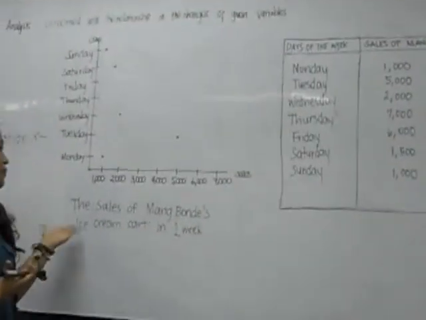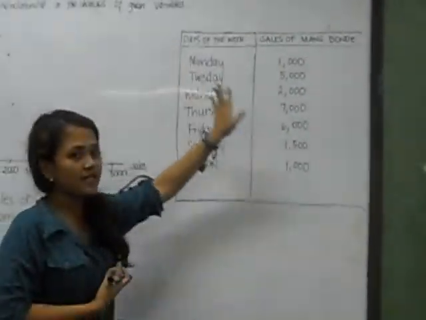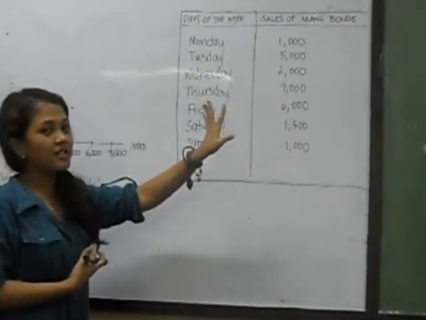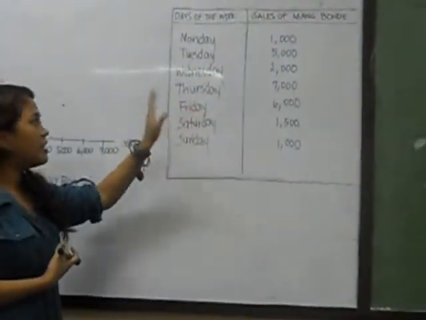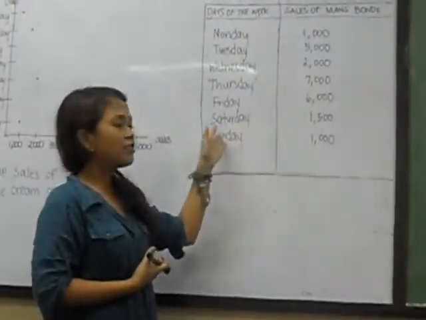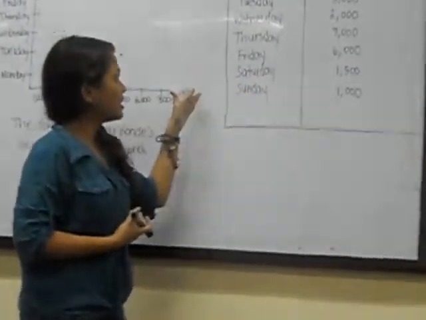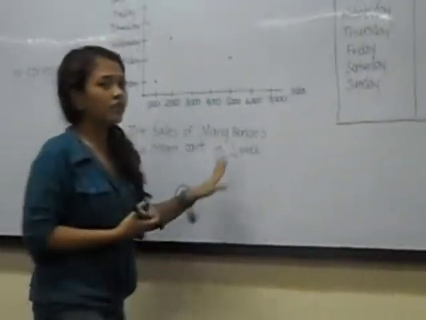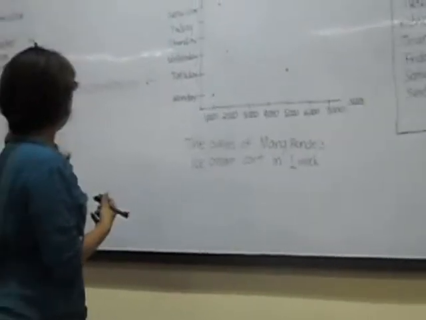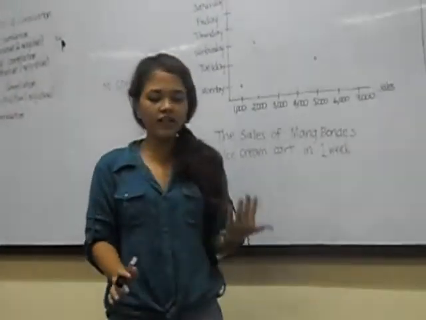The sales of Bonde's ice cream cart on Saturday 1,500, and Sunday 1,000. So this is my table for the no correlation degree.